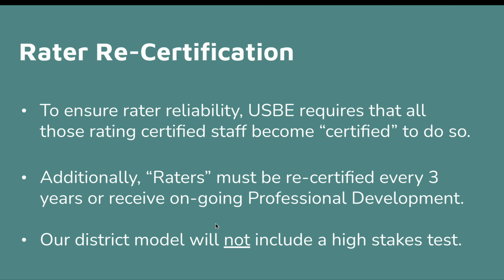So I have to be rater certified every year, not every year, every 3 years. And so I am trained on what to look for, and it's a lot, and I'm trying my hardest in it too, but it's something that we are always caught up on so that we know what to look for.